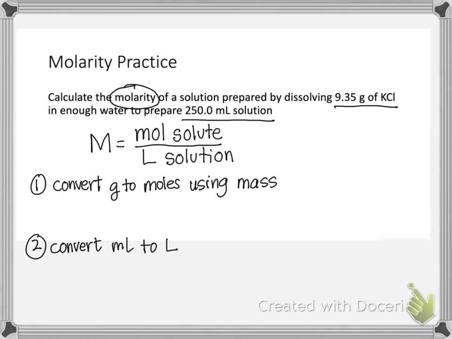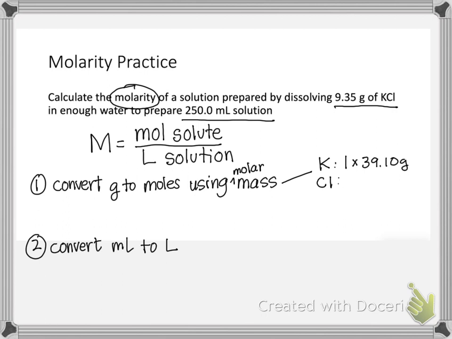All right, so let's see. We need the molar mass. I probably said it and didn't write it. Okay, so K and Cl. So we're going to have to get our periodic tables and look up the mass of these two elements. So I have one potassium, and it is 39.10 grams per mole.